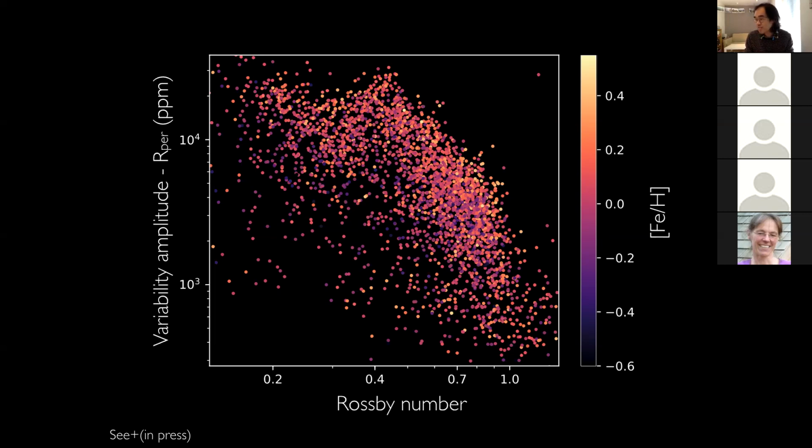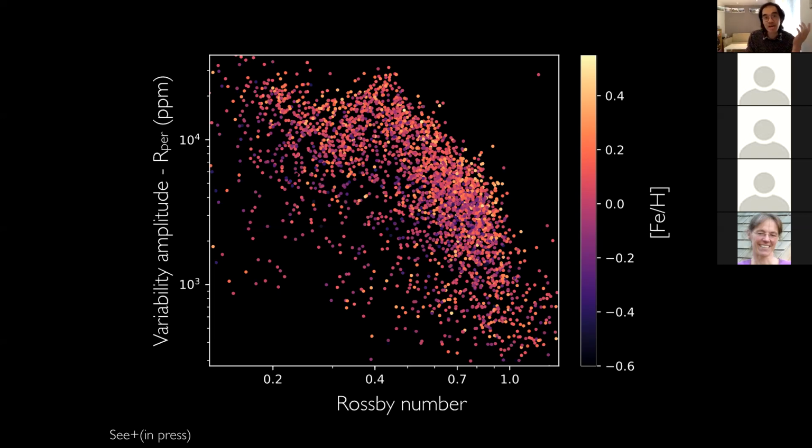So this could be indicating that it's not just the dynamo that's important. There could be other effects that we have to account for, such as atmospheric effects that we've already heard a little bit about today. But for the rest of the talk, I'll be mainly interpreting our results in terms of the global dynamo.